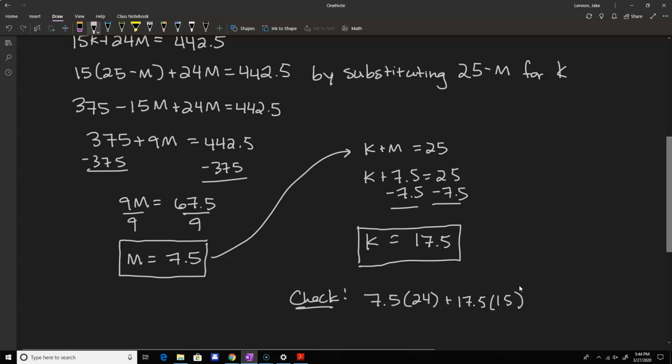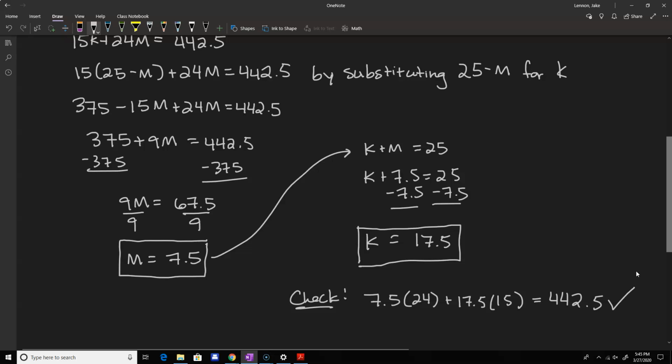Plug that into your calculator: 7.5 times 24 plus 17.5 times 15, and we get 442.5. So that checks out, and we know our answer is correct.